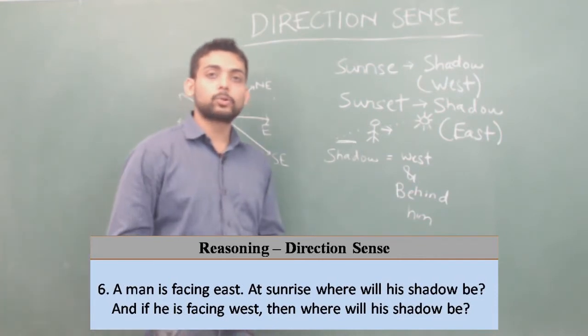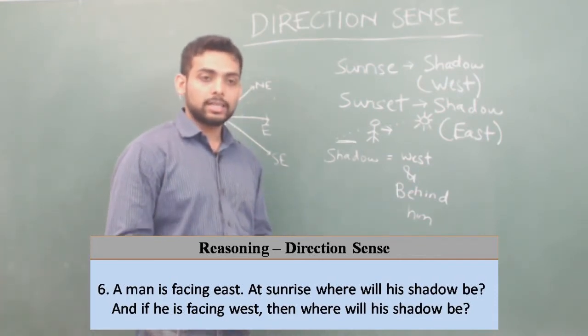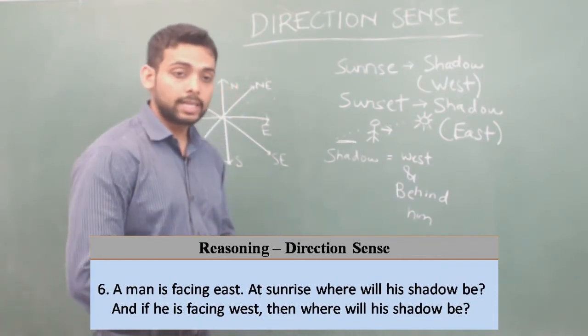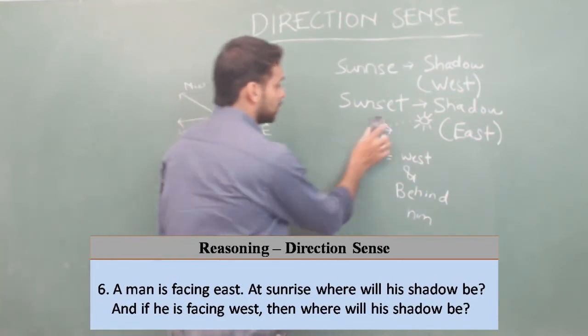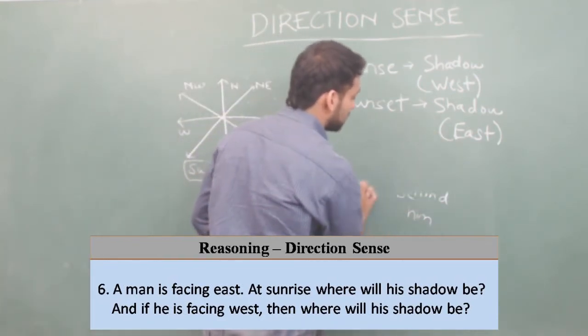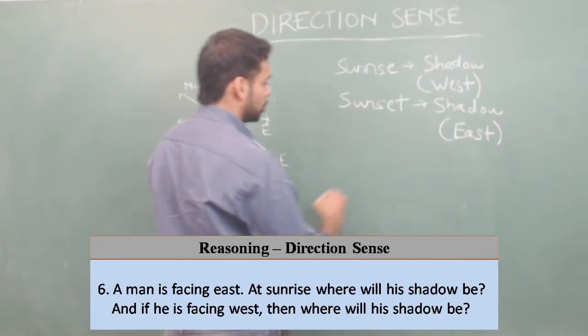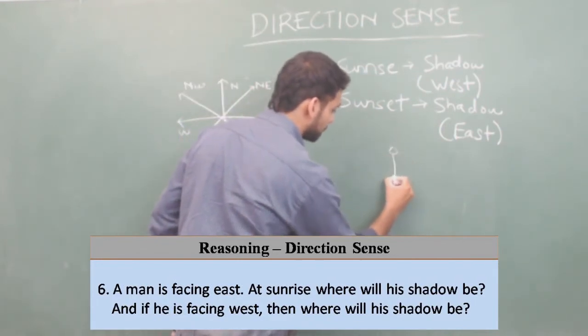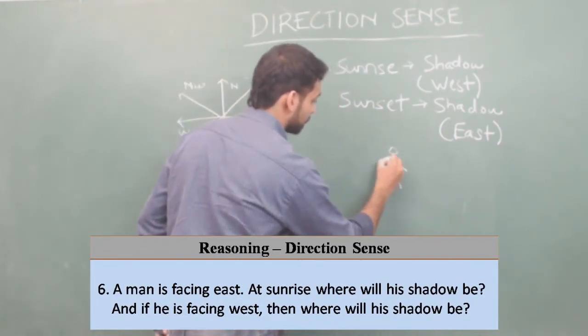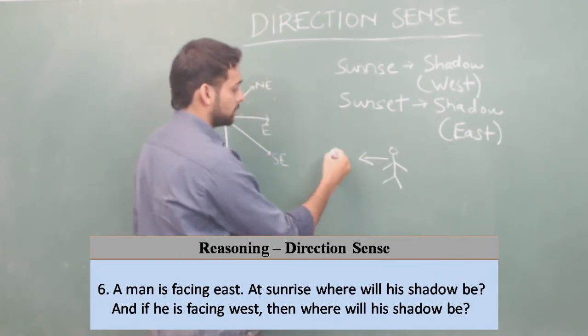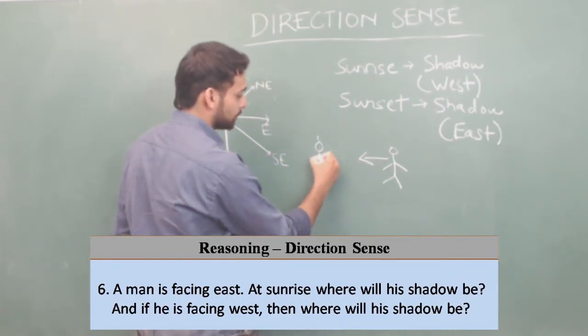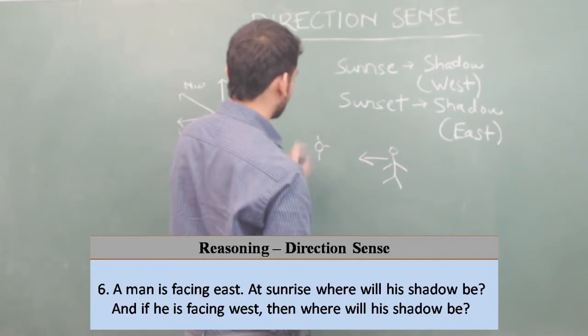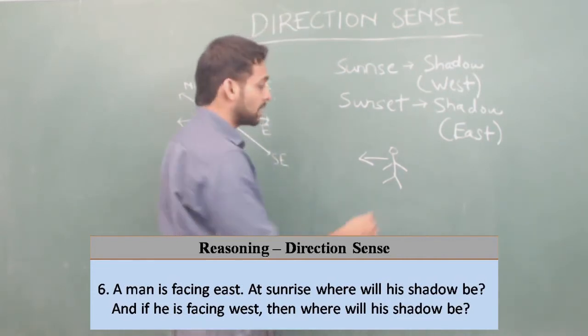In the second part of the question, we are asked, if he is facing west, then where will his shadow be? So if the man is facing west, so we have our man over here. He is facing west. It is still sunrise only.